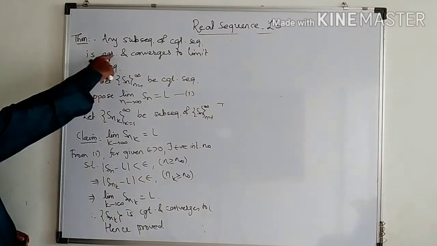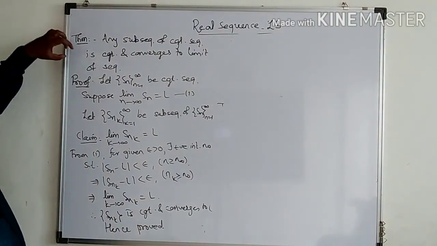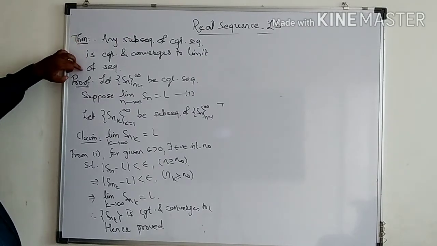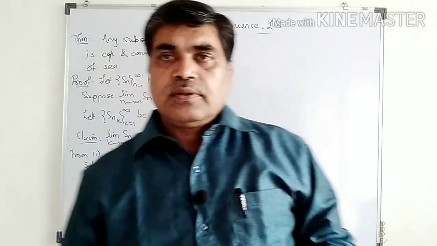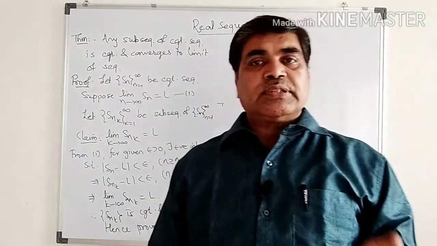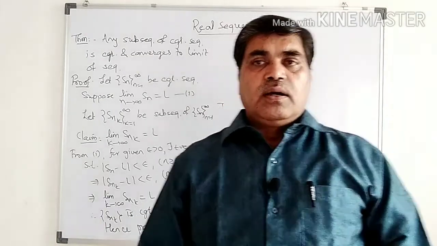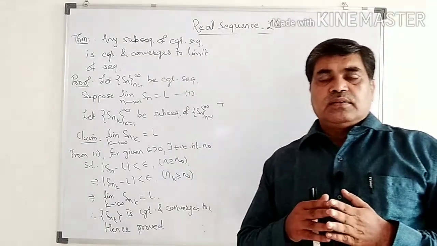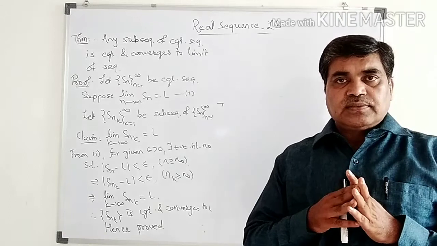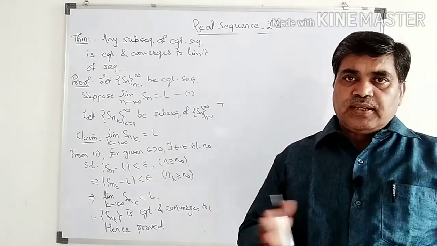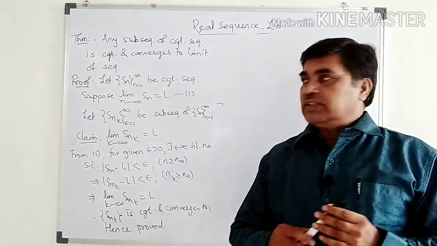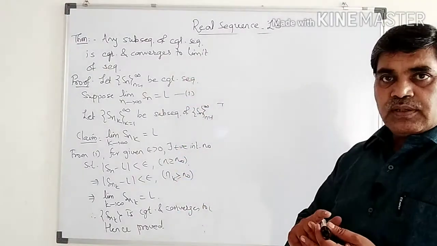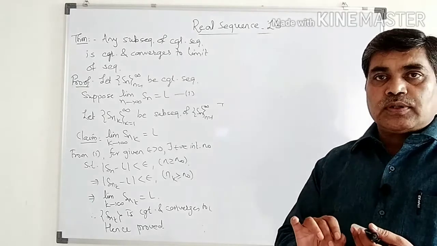Now, what is the negation of this statement? If the given sequence has some subsequence which is not convergent, then the original sequence must not be convergent. And if we are able to find two subsequences which converge to different limits, then the original sequence must not be convergent by using this theorem. And that negation is important for us.